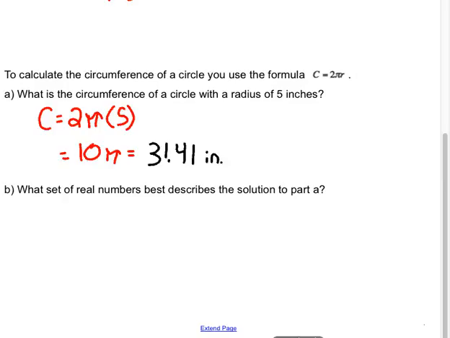That pi made it a never-ending, never-repeating decimal. So because of that, what would best describe that solution of 10 pi or around 31.41 and then just keeps going? Well, the best way to represent that would be the irrational numbers, right? That value will never end and will never repeat.